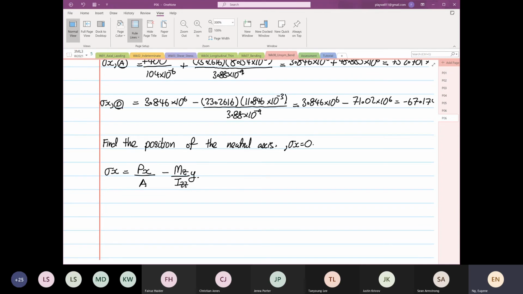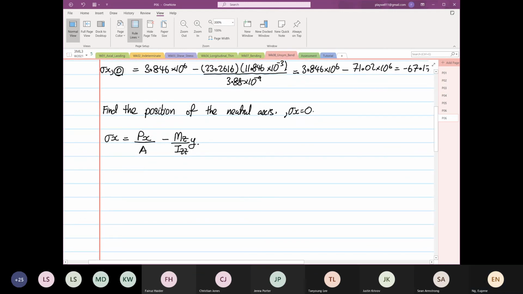Okay, so let's say we know this formula. We memorize it. So to find the position of the neutral axis, we know that stress X is equal to 0. I'm going to call this equation number 1. This will be equal to 0: Px over A minus Mz over Izz multiplied by y.